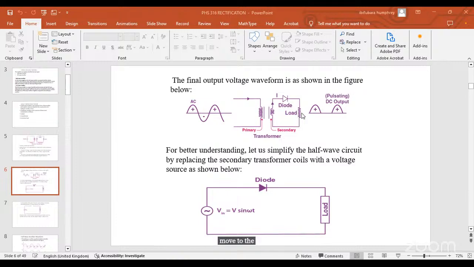But by the time it comes out, the negative half is cut off. So we have a pulsating DC output. Only our positive waveforms are out. So that is a half-wave rectifier.